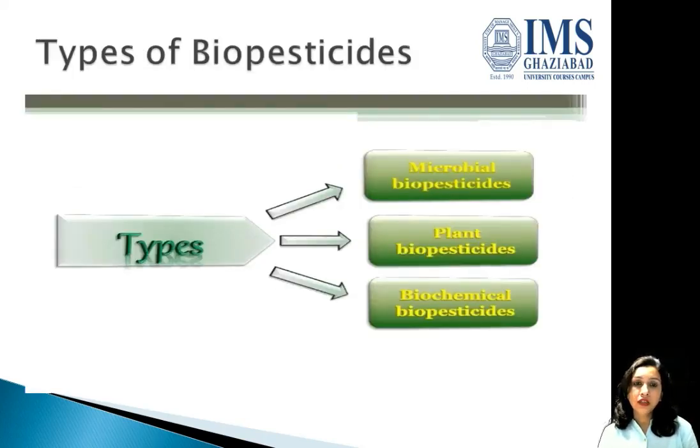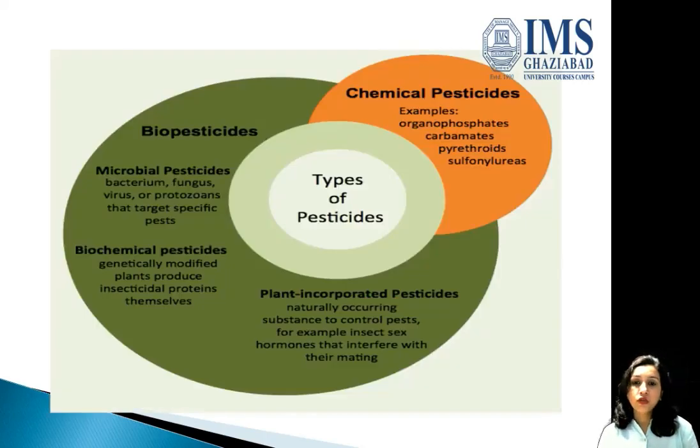So there are different types of biopesticides. If we classify them, there are mainly three types: microbial biopesticides, plant biopesticides, and biochemical pesticides. This figure is showing the classification. This one is chemical pesticides, with examples such as organophosphates, carbamates, pyrethroids, and sulfonyls.